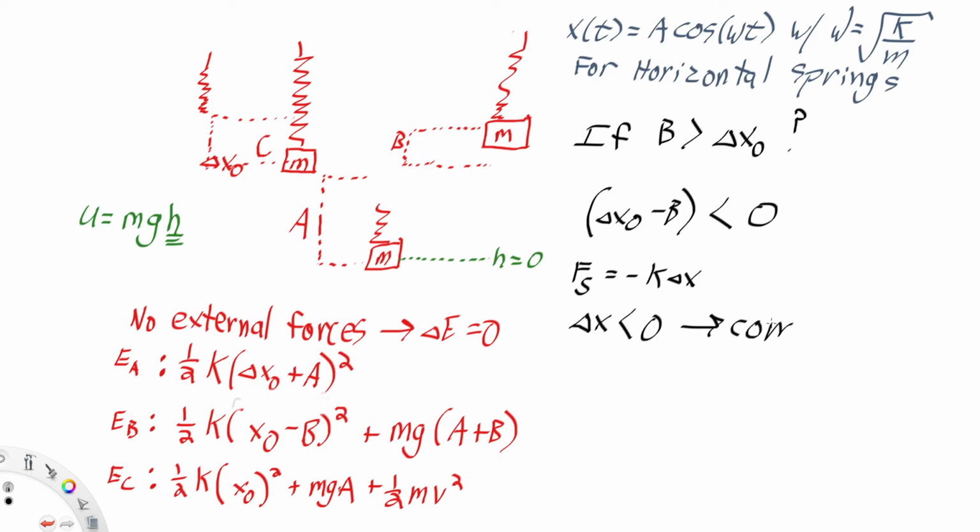So do the expressions for energy that we've written down for A, B, and C change if the spring is in compression versus if it's in tension?